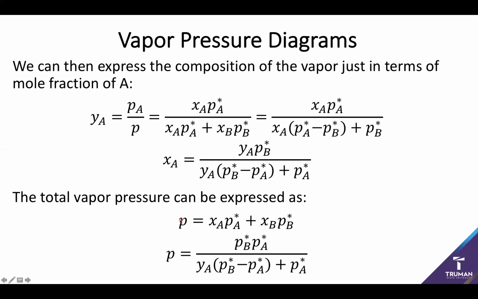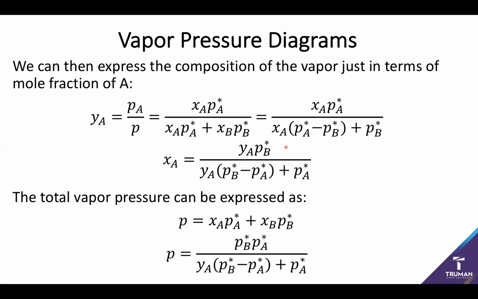But at the end of it, we end up with quite a powerful expression, where we get the total vapor pressure for any mixture based solely on the vapor pressures of the pure A and B species, and the composition of the mixture in the gas phase, which we can also obtain simply by knowing the composition of the solution phase.